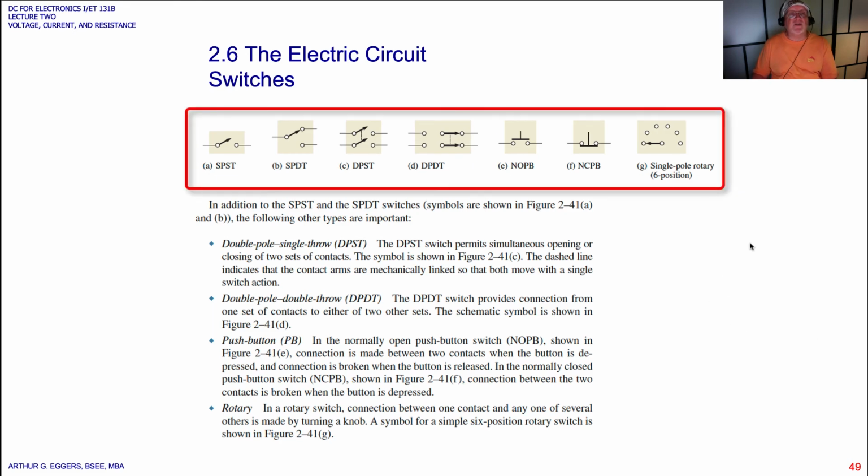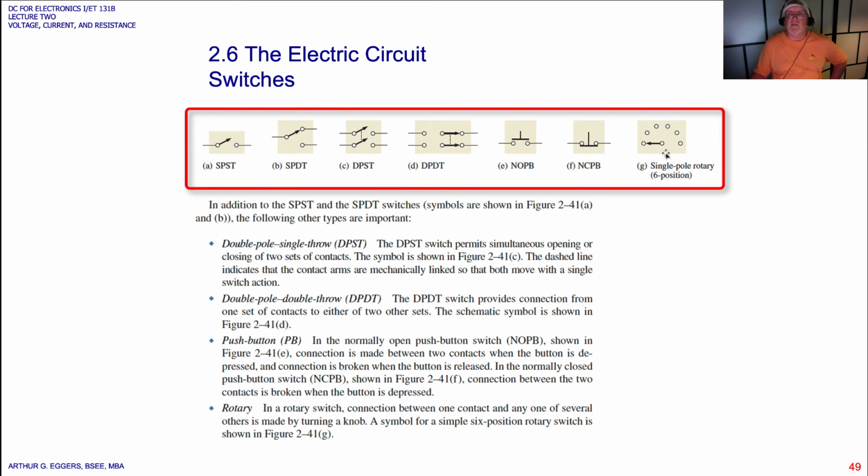So if we look at different types of switches, you can set up a switch for virtually whatever type of circuit you think you may need in controlling, in essence, the load. The load would be a light bulb in this course. So we have single pole, single throw, single pole, double throw, double pole, single throw, double pole, double throw, and then this one on the bottom here, which is a press type, normally open, and a press type, normally closed, which opens or closes the circuit.